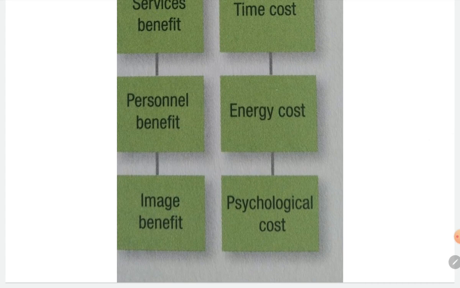So all those things will come as cost. If I am using a cycle and I go to buy candy over there, and I feel that it is helping me in muscle building, then in that case I am reducing my energy cost, which otherwise I would have spent on a bike, and I am enhancing the benefit.